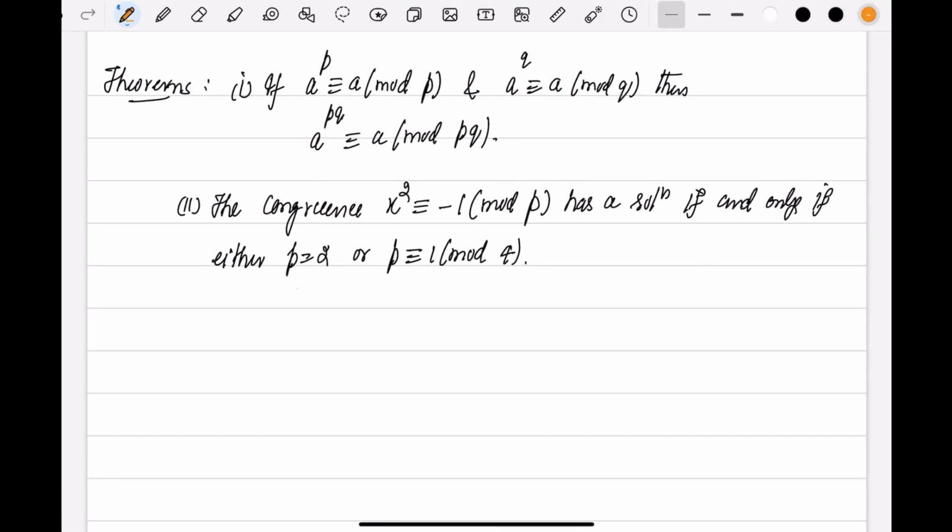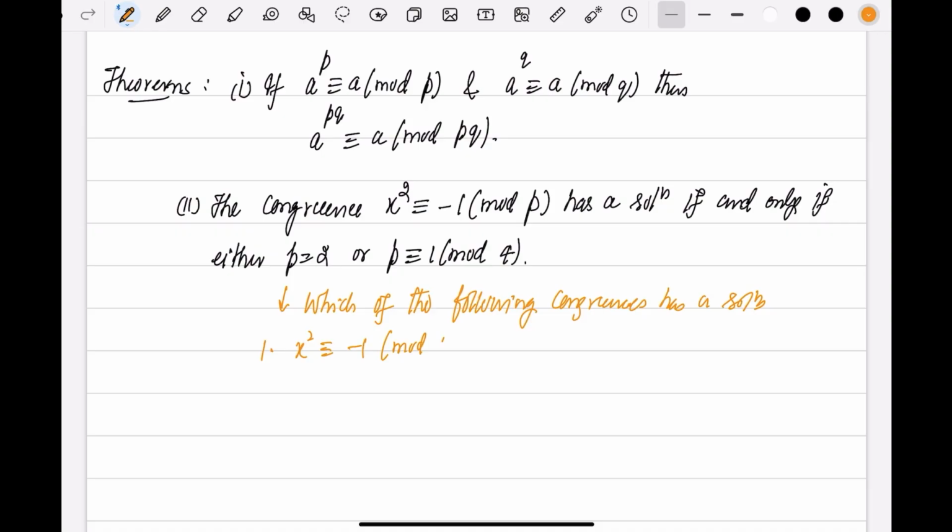Now a question regarding this result can be asked like, which of the following congruences has a solution? The congruences will be given in this way, like suppose x^2 is congruent to -1 modulo 17.